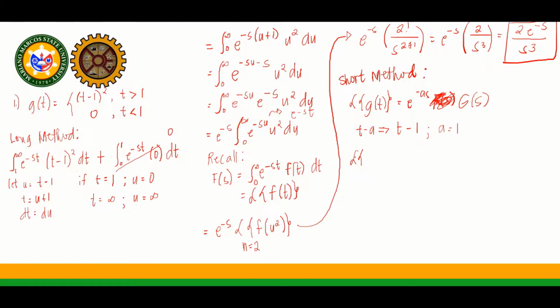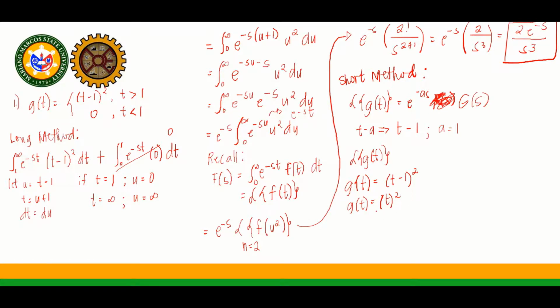Now, ang kukunin lang natin is the Laplace transform of g of t. But what is our function for g of t? Do you think the function g of t is equal to t minus 1 squared, or g of t is equal to t squared?